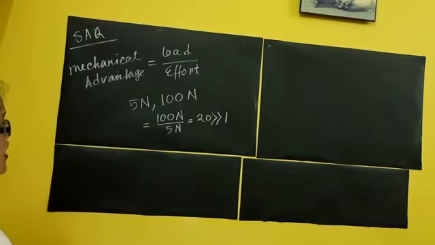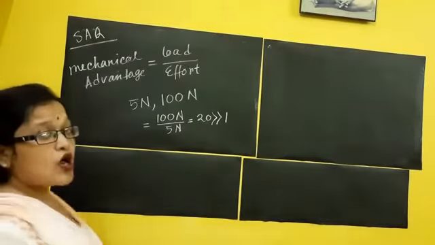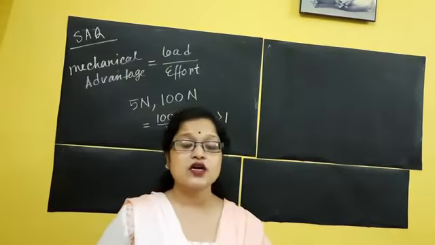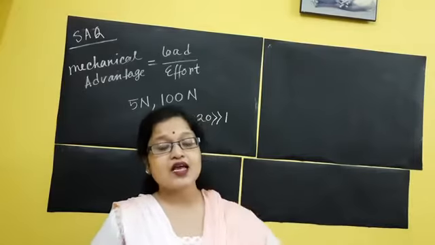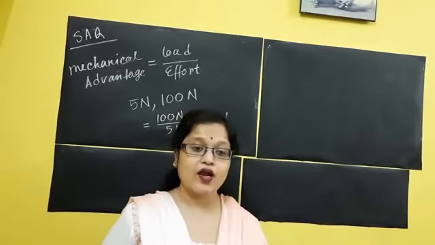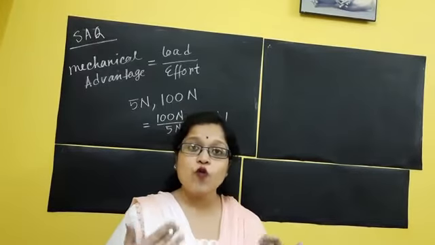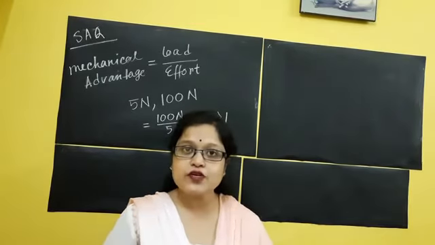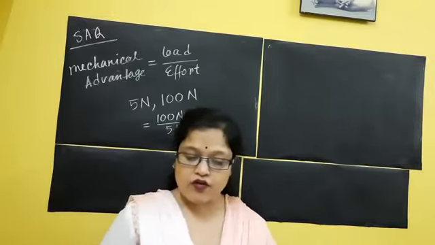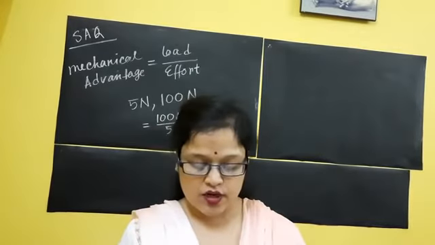It is obvious that if you are using a machine, the main concern is that the mechanical advantage should be greater than 1. Otherwise, if your machine can't give you more than your effort, what is the purpose of using a machine? Clear?